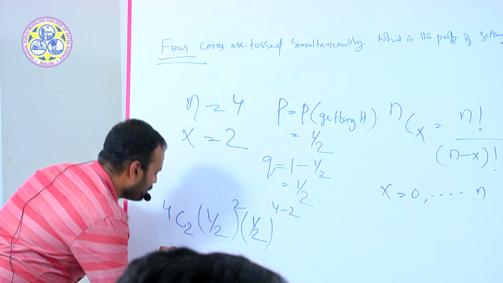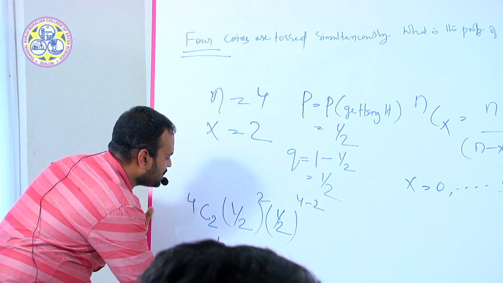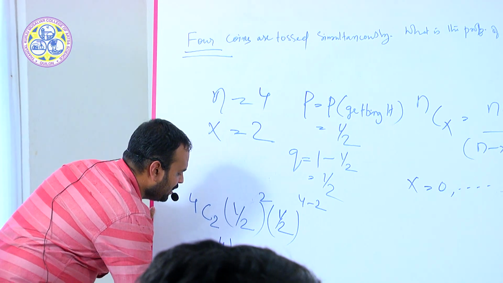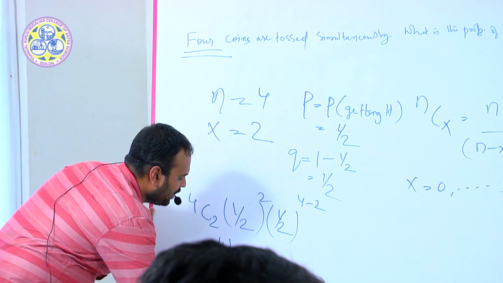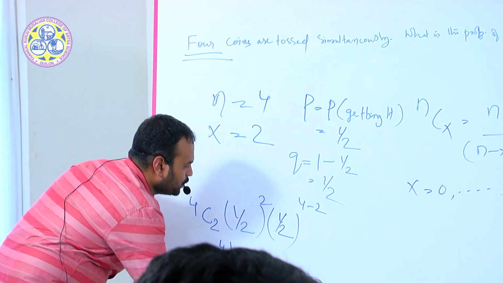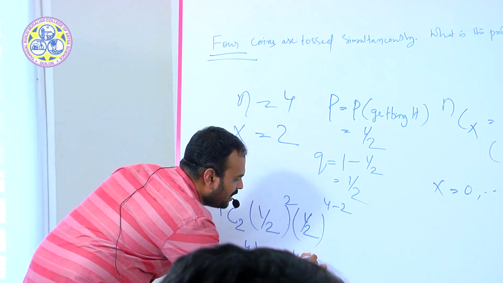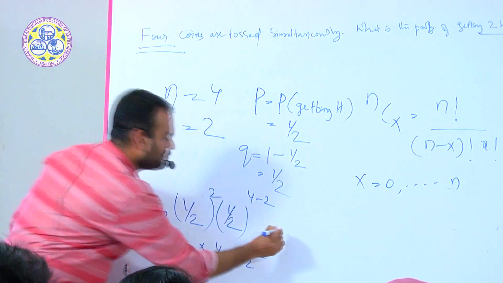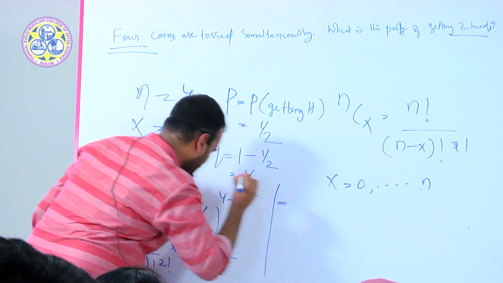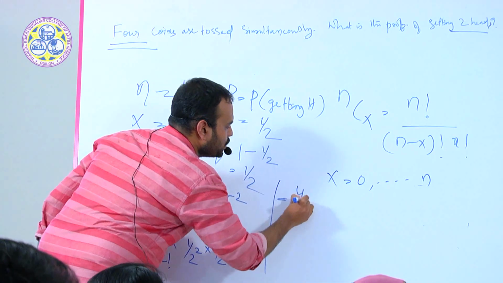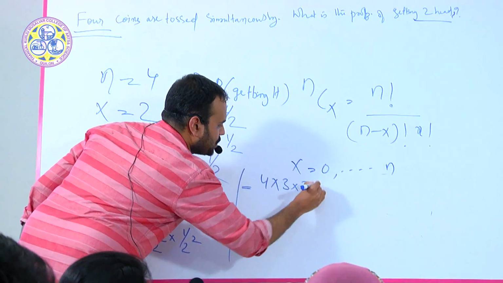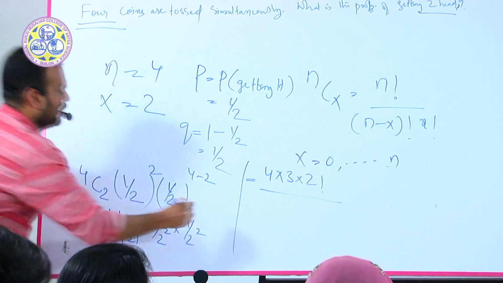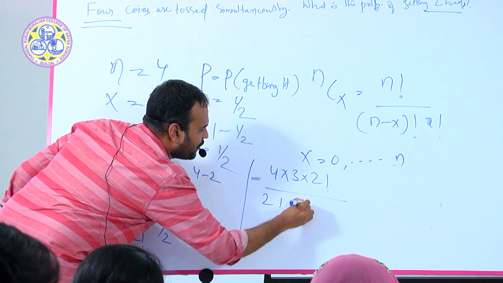Then the answer will be 4C2, that is 4 factorial divided by (4 minus 2) factorial into 2 factorial, into (1 by 2) squared into (1 by 2) squared. Then the answer will be 4 into 3 into 2 factorial divided by 2 factorial into 2 factorial.